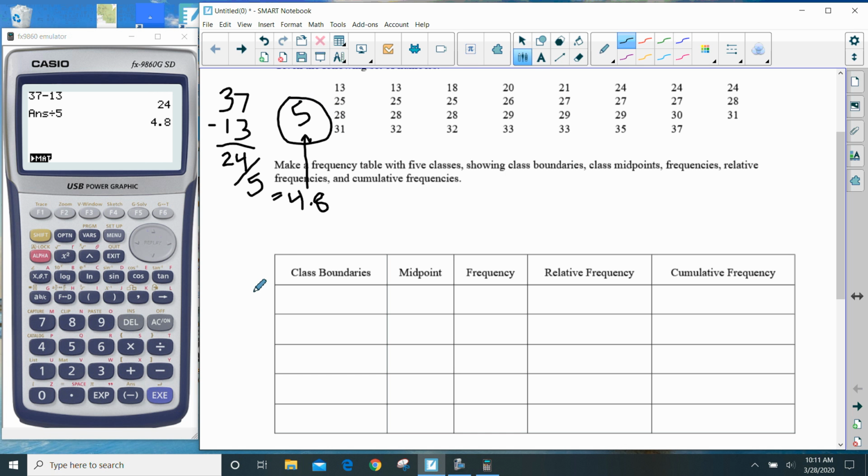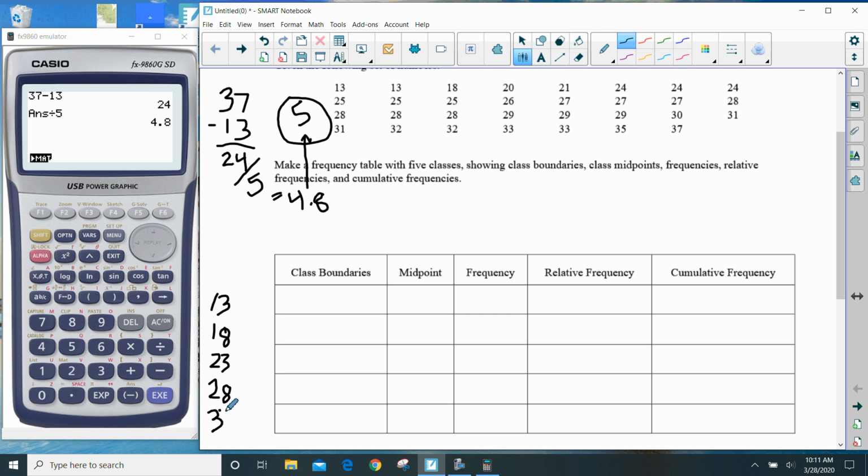All right, so to create our actual frequency table itself, we create this rough draft. What we do is we begin with the smallest number, 13, and we increase by this magic number of 5 going down. So this would be 18, plus 5 would be 23, plus 5 would be 28, and plus 5 would be 33.